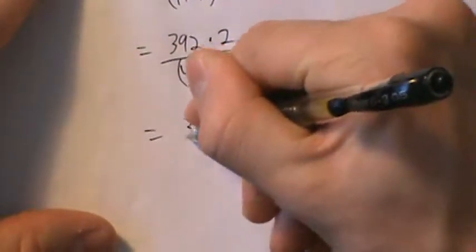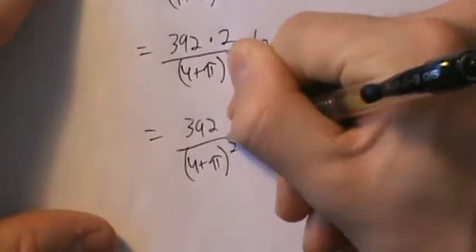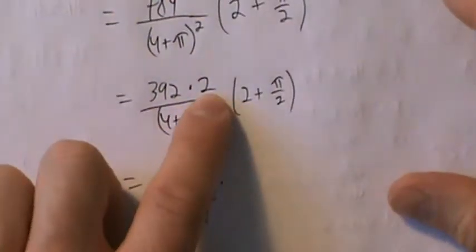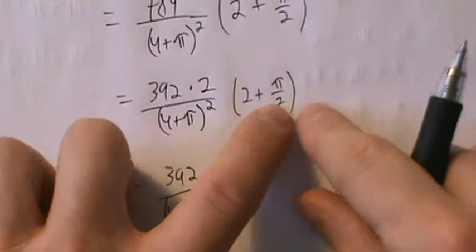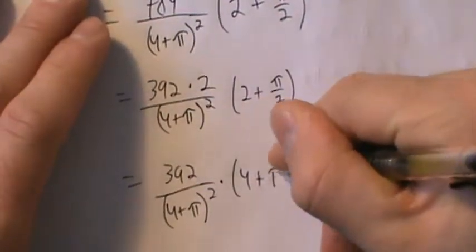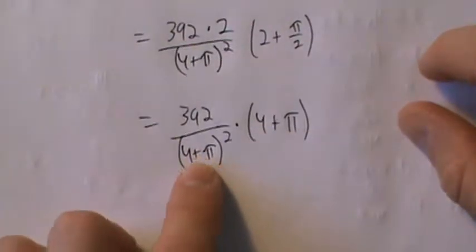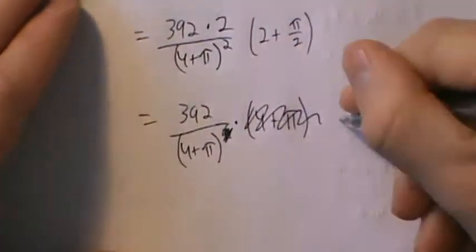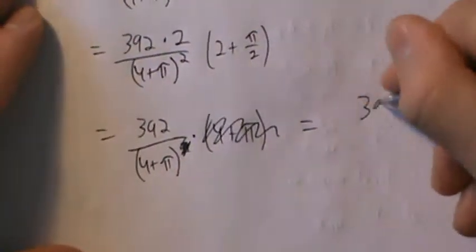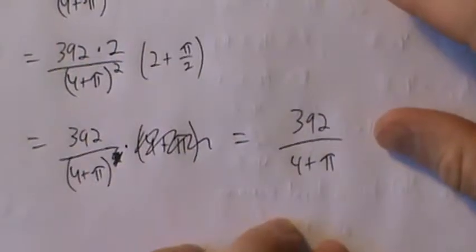That's going to give us 392 over 4 plus pi quantity squared. Now, if we distribute this 2 into here, 2 times 2 is 4. 2 times pi over 2 is pi. And notice what happens, 4 plus pi on top, 4 plus pi squared on the bottom. So this 4 plus pi cancels with one of these down here, and what we're left with is 392 over 4 plus pi. Okay? And that's our answer here.